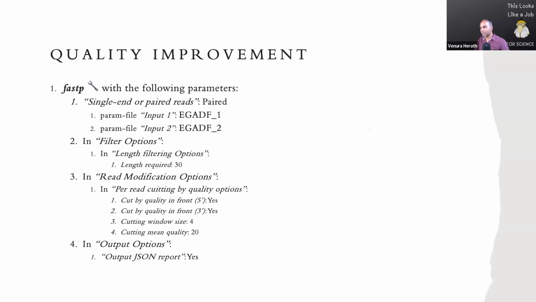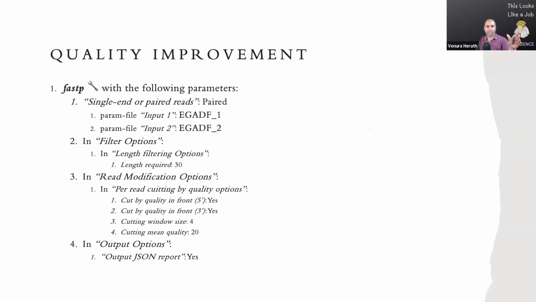To talk about these parameters, remember when sequencing happens, there is the 5' end and the 3' end, and there will be fuzzy areas, even if you think about Sanger sequencing. So it's better to cut from the front and from the back if the sequence quality is not good. Some tools go by sliding frames.